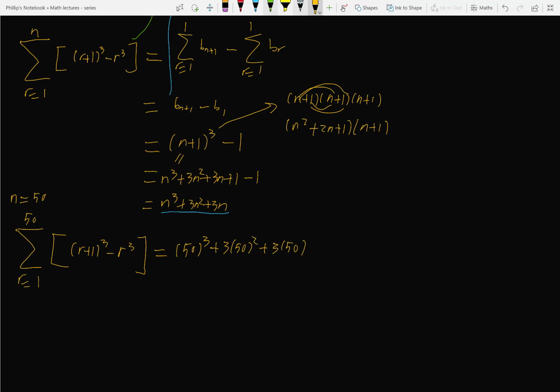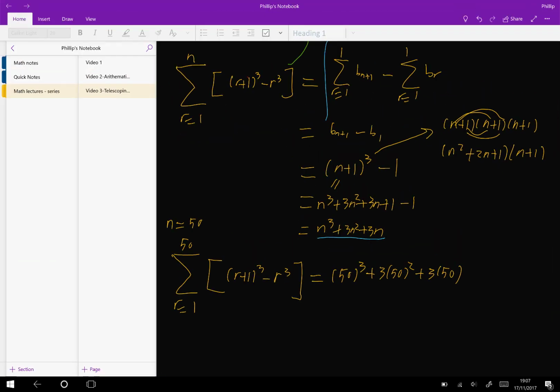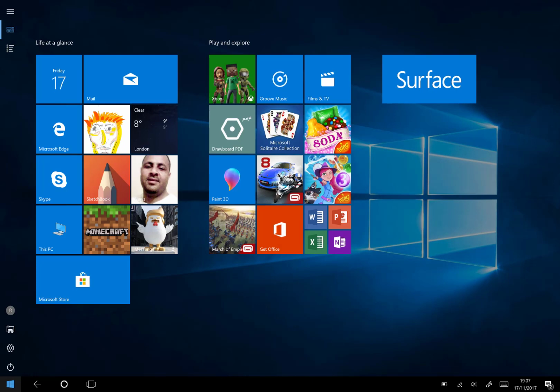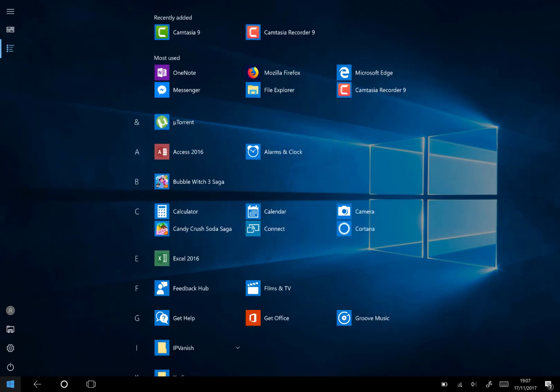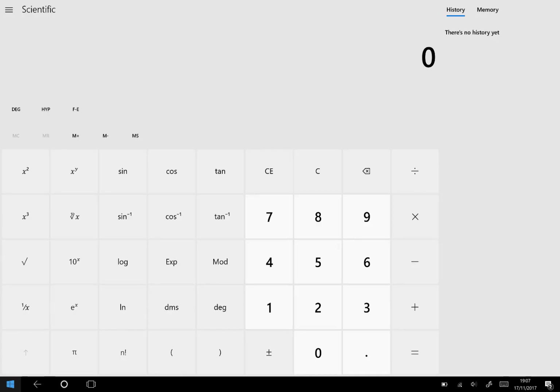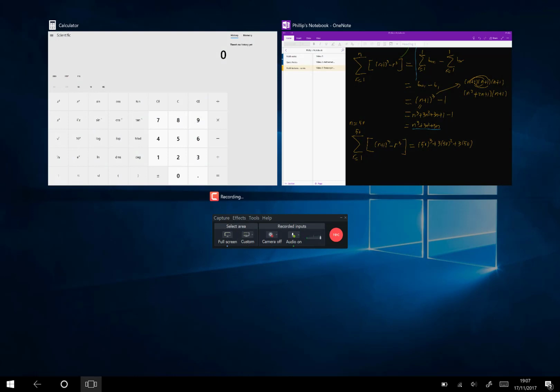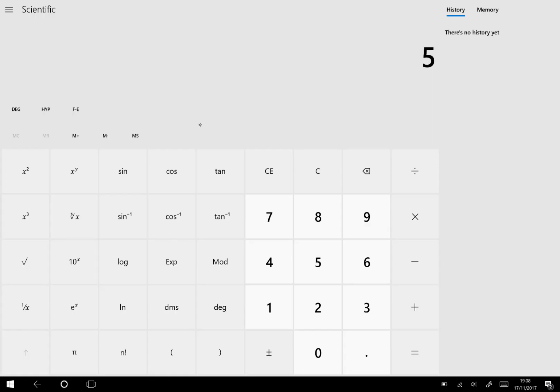Now I haven't got a calculator on me, but I do because I'm on Windows. Bear with me a second. Calculator. Unfortunately, I'm in tablet mode because I'm typing, so we need 50 cubed plus 3 times 50 squared plus 3 times 50. Where's the cube button on here? I've not used this one before.